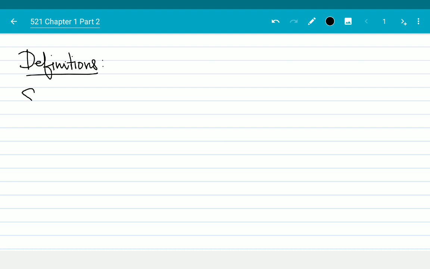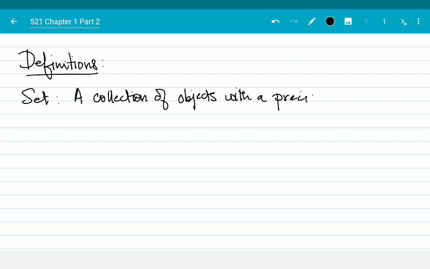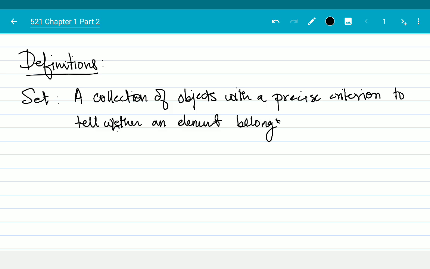A set is a collection of objects with a very specific criteria, a precise rule, so that we should be able to distinguish whether an element belongs to the set or not.